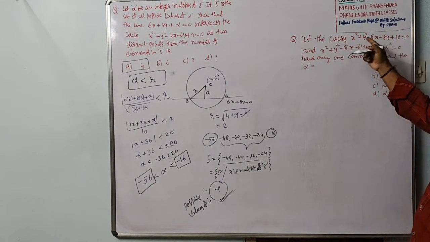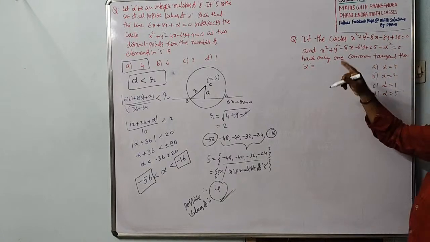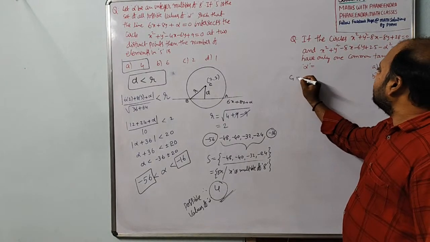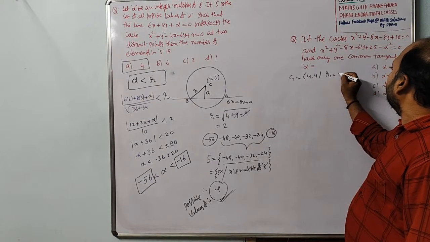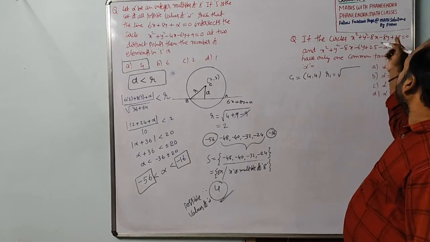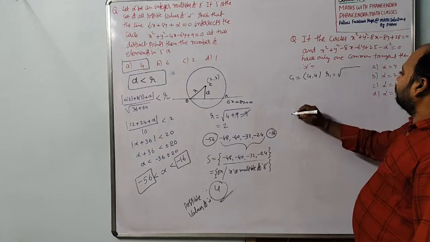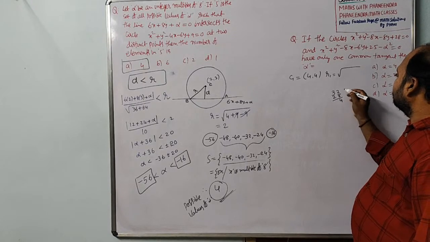If the circles are x square plus y square minus 8x minus 8y plus 28 equal to 0, the first circle has center C1 equal to (4, 4) and radius R1 equal to root over 16 plus 16, 32, minus 28.